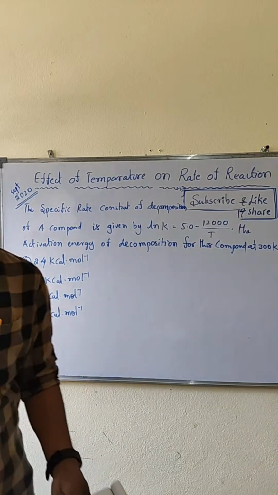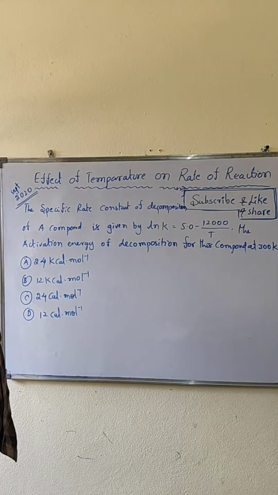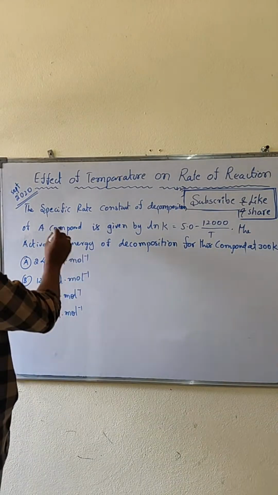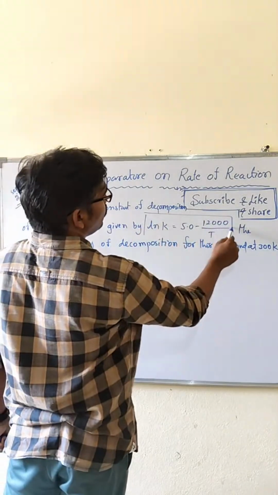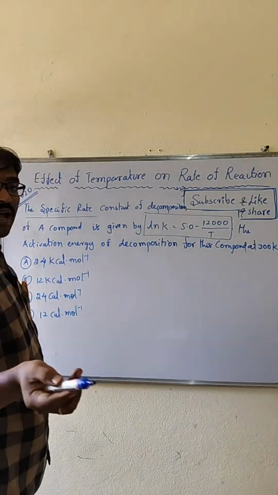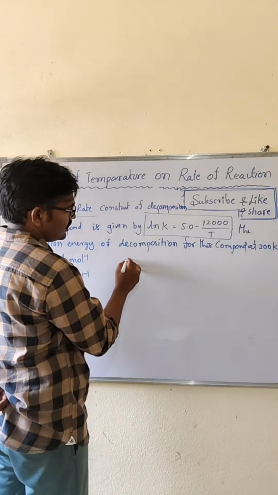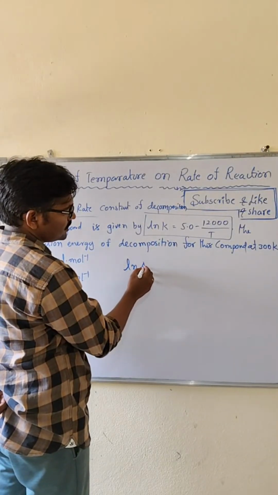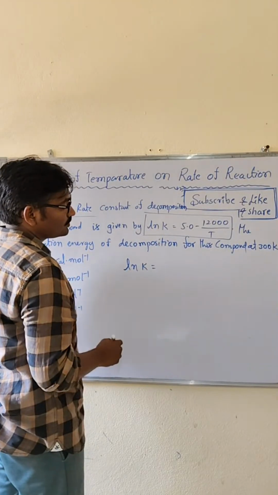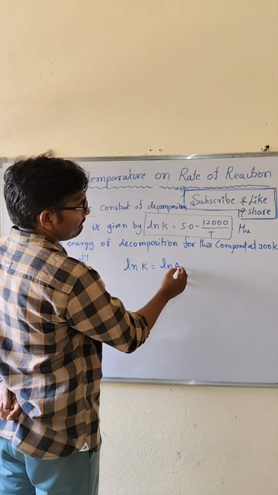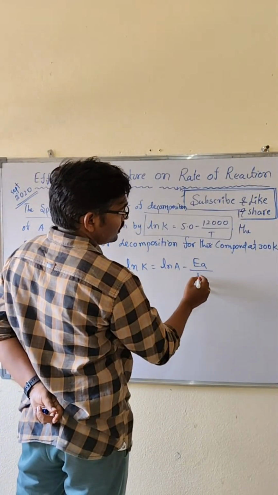Observe the question carefully, my dear students. So what is there in this? The specific rate constant equation is given. This equation looks like the previous one, the same equation we got when we apply ln to the Arrhenius equation. So ln k equals ln A minus EA divided by RT.